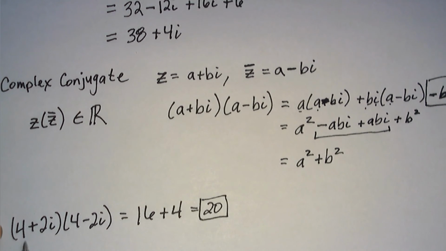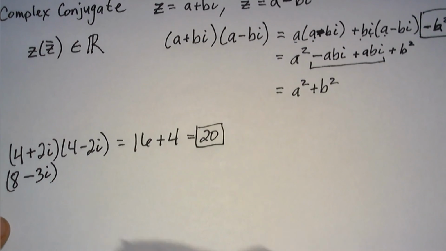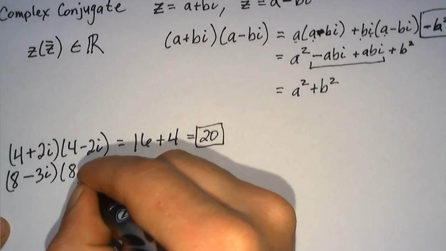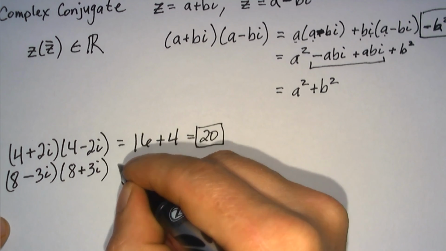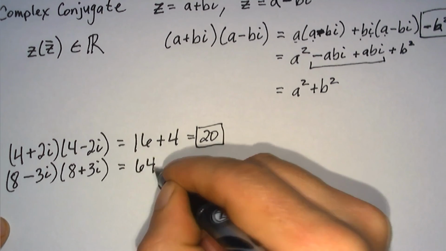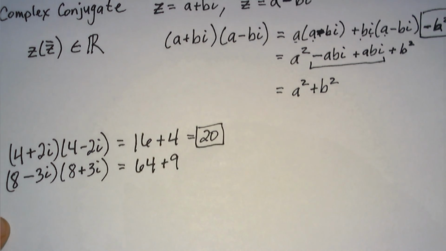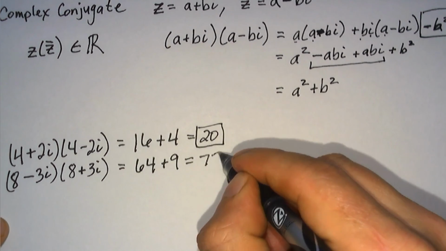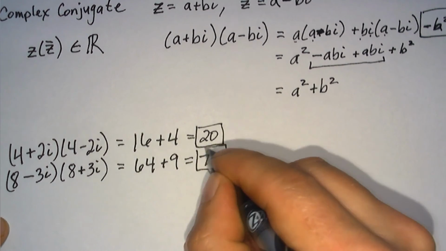Okay, so if we multiply that by the complex conjugate, we get 20. What about the other one, 8 minus 3i? So that would be 8 times 8 plus 3 squared, and that's going to be 64 plus 9, right? 8 times 8 is 64, and then the square of the imaginary part is 9, and 64 plus 9 is 73.